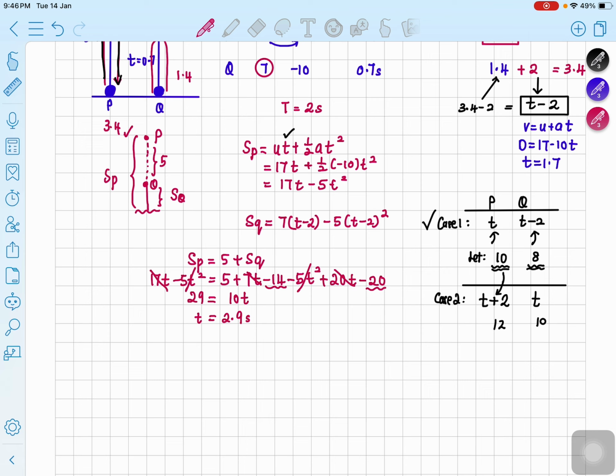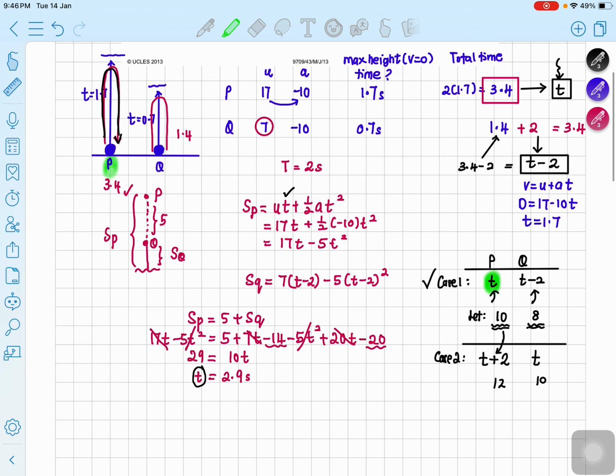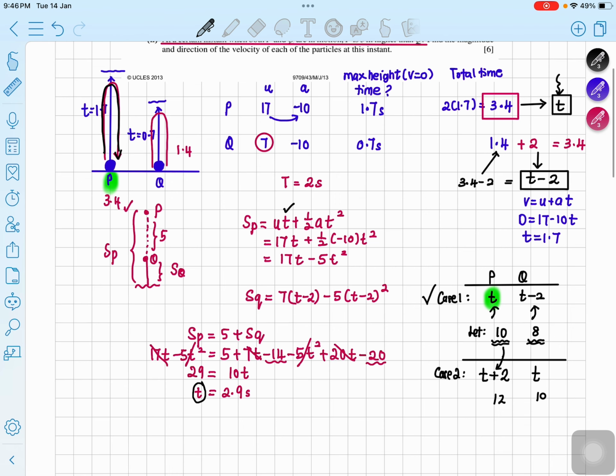So let's have some intuition about my t value. This t is referring to your P or Q, both. But just now what did I do? I let the time taken by the P be the t. So I will directly go to the image of the P to inspect. The time taken to go up is 1.4 seconds. So 2.9 is on the way downward, so my v value will definitely be negative.